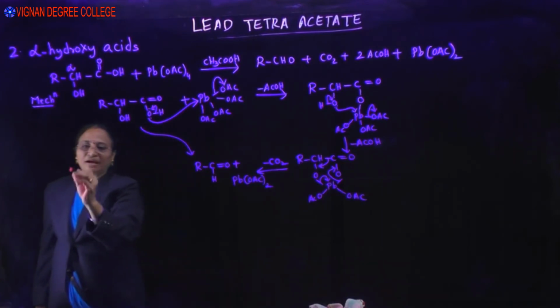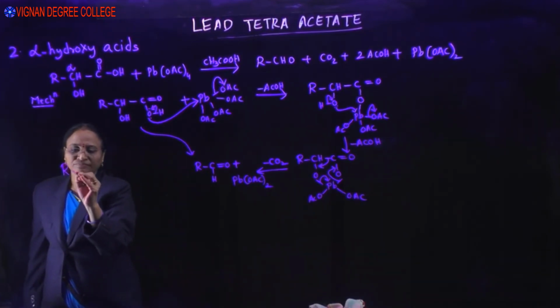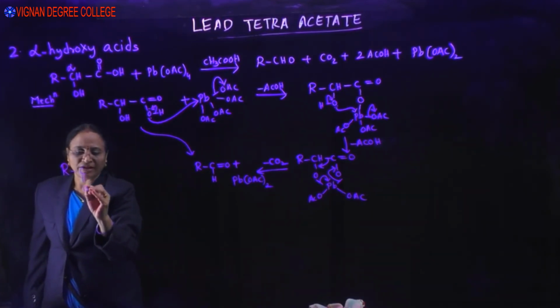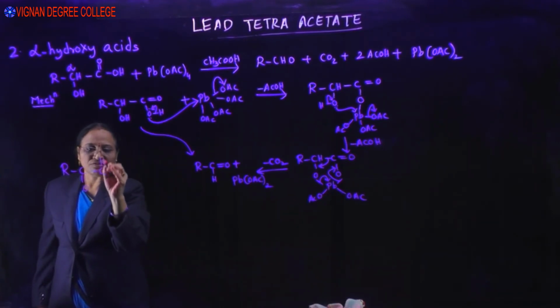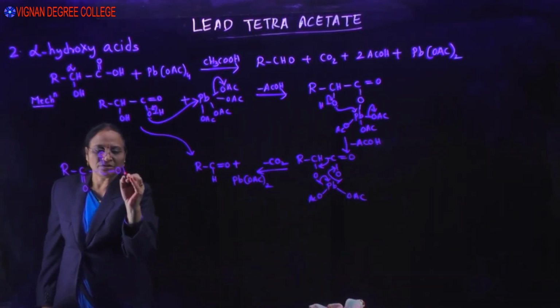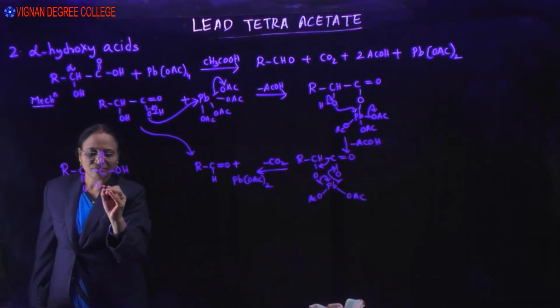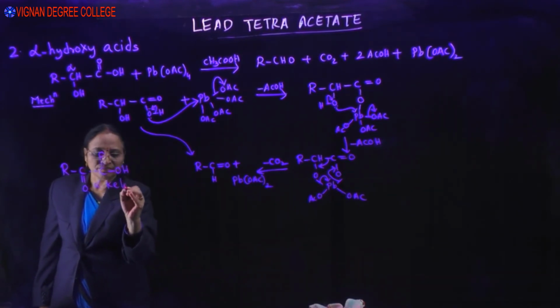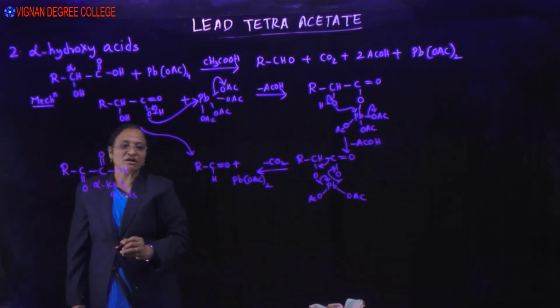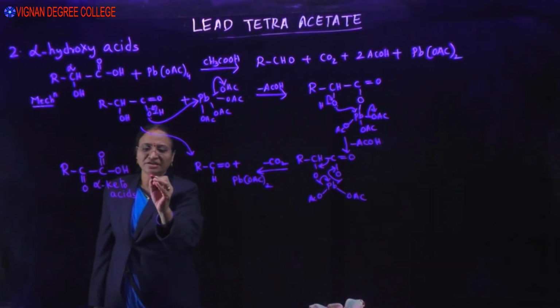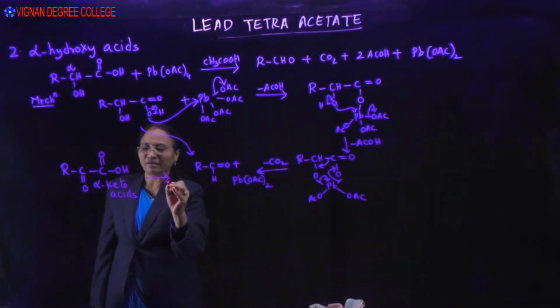Similarly, the alpha keto acids, instead of hydroxy group, suppose if you have a keto group, so this can be called as alpha keto acid. So alpha keto acids can also undergo decarboxylation reaction in a similar manner.